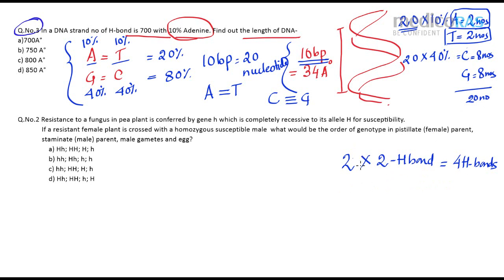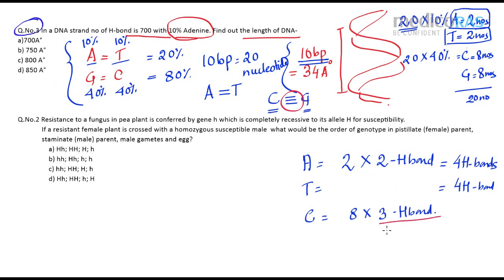See, let me say this is for adenine, then I can calculate the same concept for the thymine as well. So it is 4 hydrogen bonds for thymine as well, right? Because thymine also has 2 numbers. Again, if I go for cytosine, then 8 into 3 hydrogen bonds, because we know that cytosine and guanine bind with 3 hydrogen bonds.